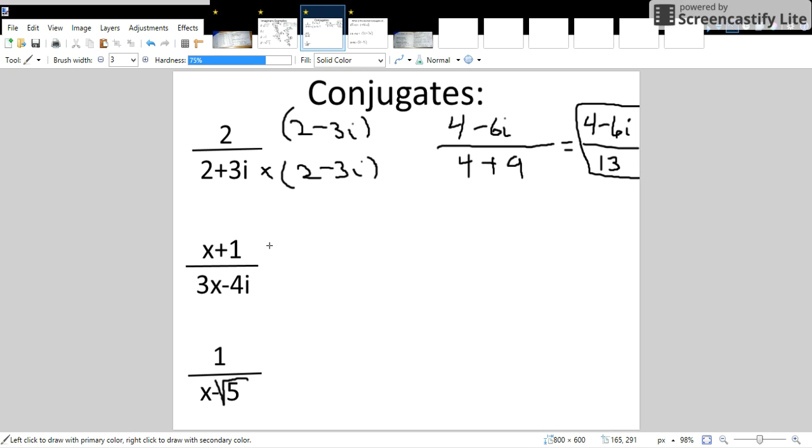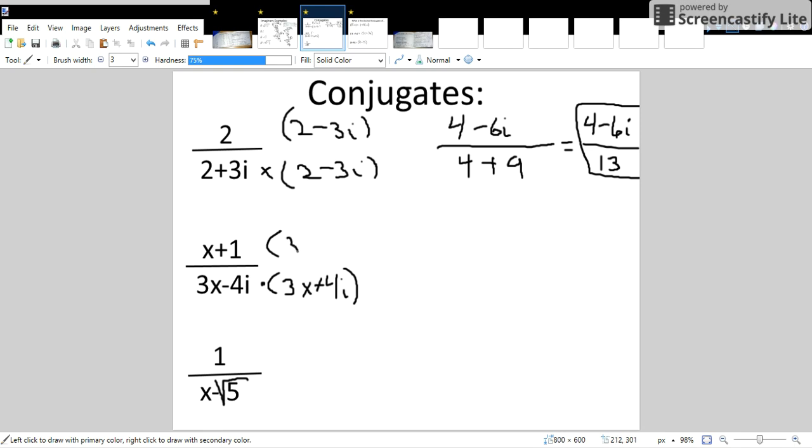Okay, so go ahead and pause the video, see if you could do the next one by yourself. Okay, so the desired conjugate that we want here is 3x plus 4i. And again, whatever we do to the bottom, we have to do to the top.